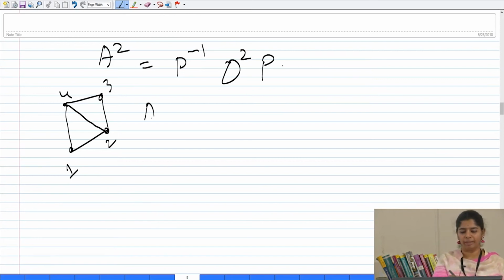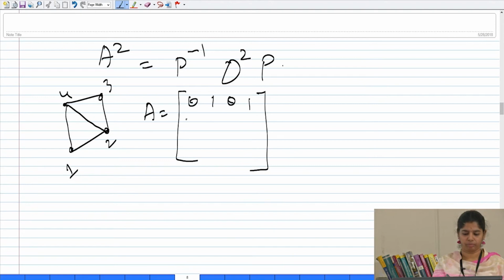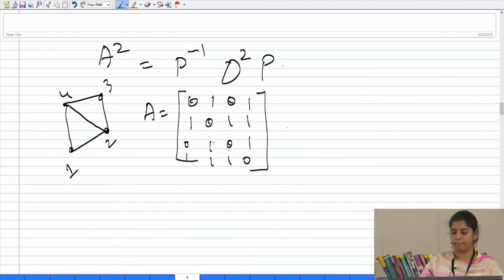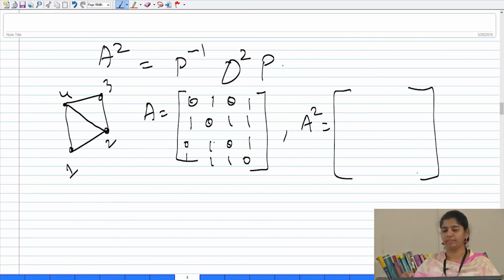So, the corresponding matrix A is going to be, of course I have taken a 4 by 4, 0 1 0 1 and so on. So, what is A square of this matrix? You can multiply that, right?